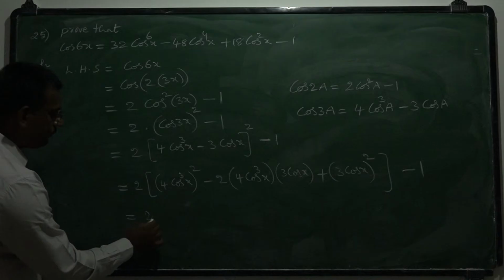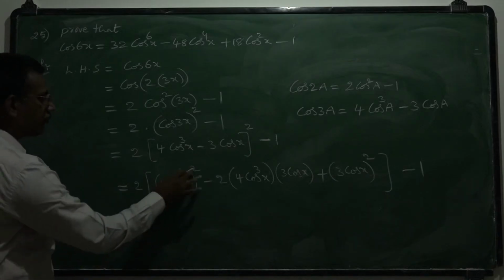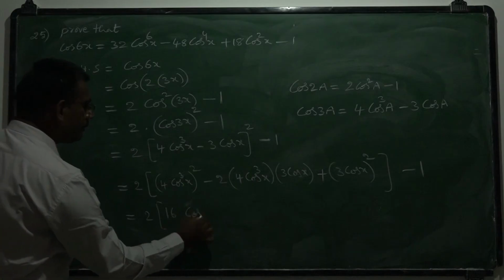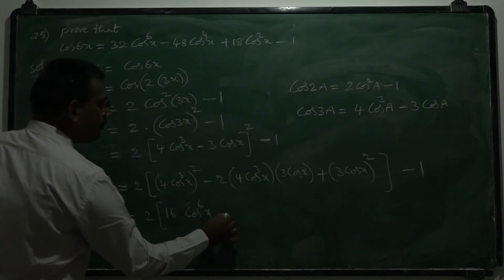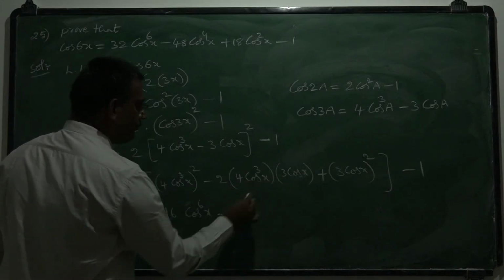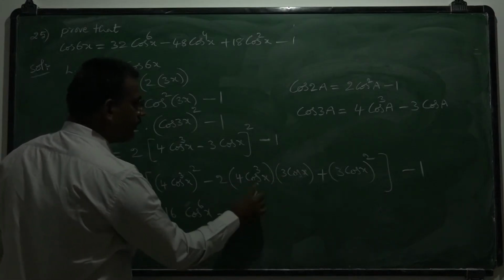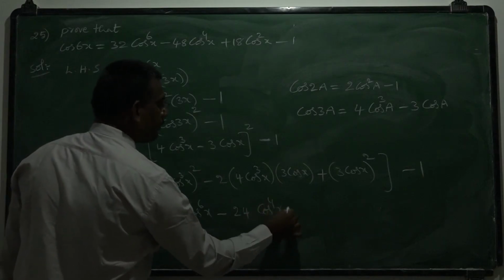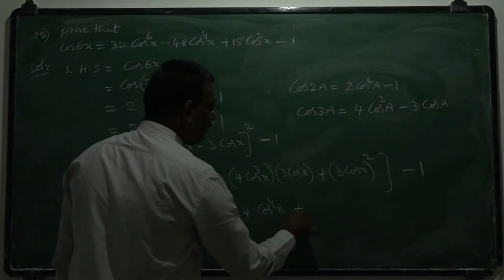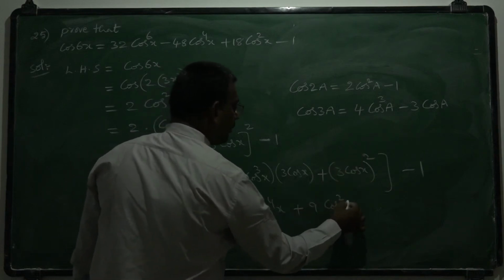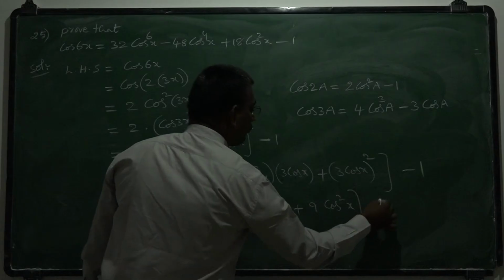Simplifying this: 4 square 16, cos cube x whole square is nothing but cos power 6x, minus 2 4s 8, 8 3s 24, cos cube x into cos x is nothing but cos power 4x, plus 3 square 9 cos square x, minus 1.